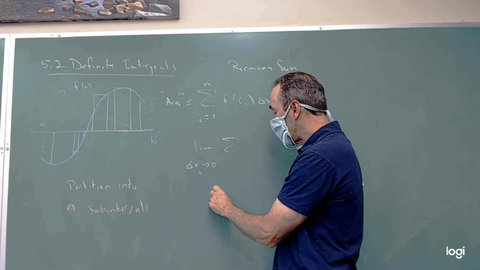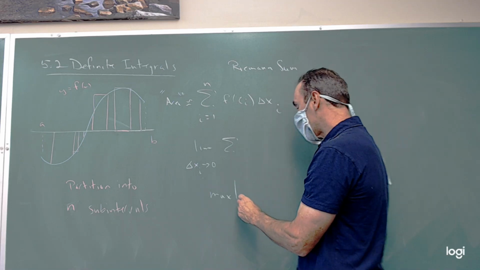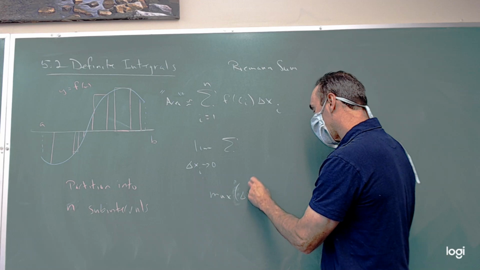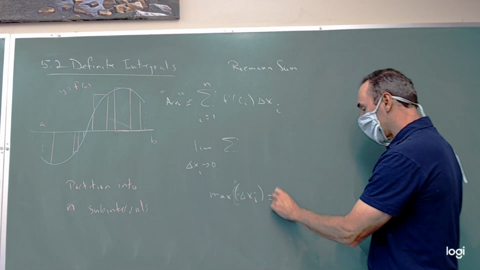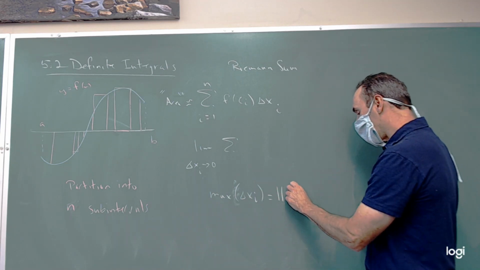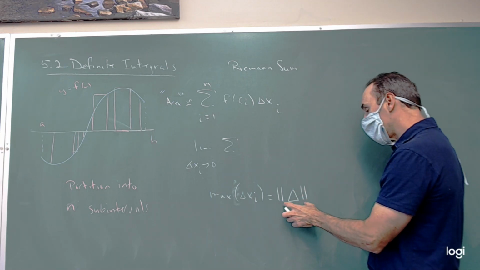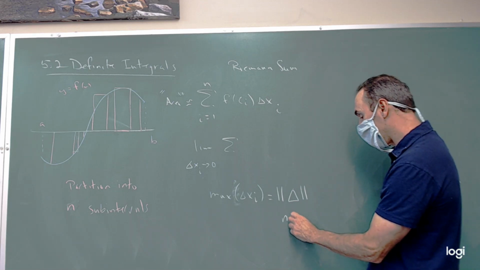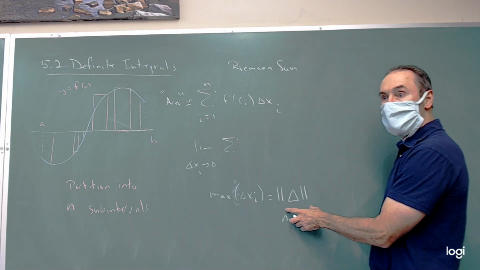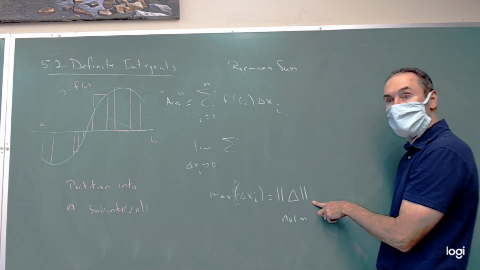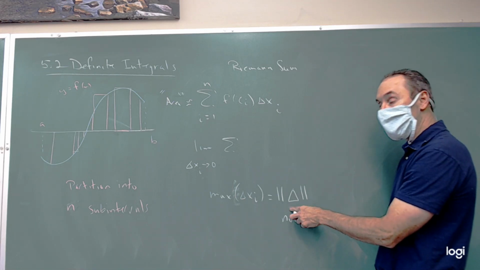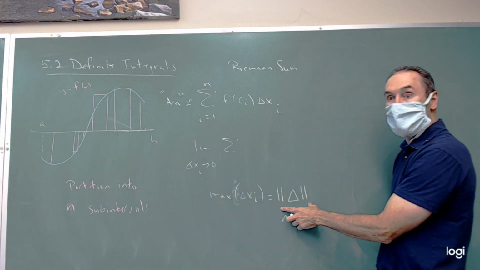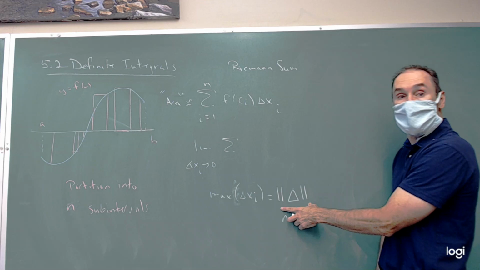So what's used is this expression for the maximum value of that delta x sub i. This notation is a magnitude of this delta, and that's called the norm. It says take the largest delta x out of all those n delta x's.